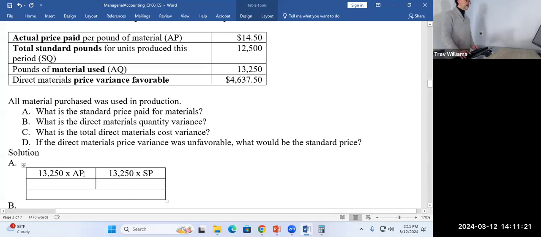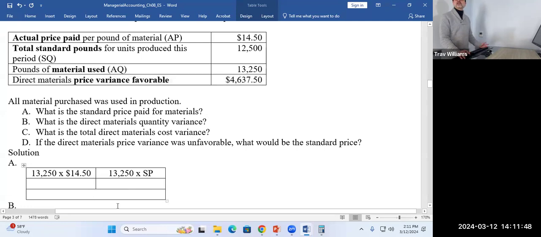Okay, what is the actual price we paid for materials? $14.50 per pound. That's right, $14.50. Okay, but standard price, that's the thing we don't know. So we're gonna have to figure that out. Now, the other piece of information they gave us, the clue here, is they gave us the direct materials price variance.